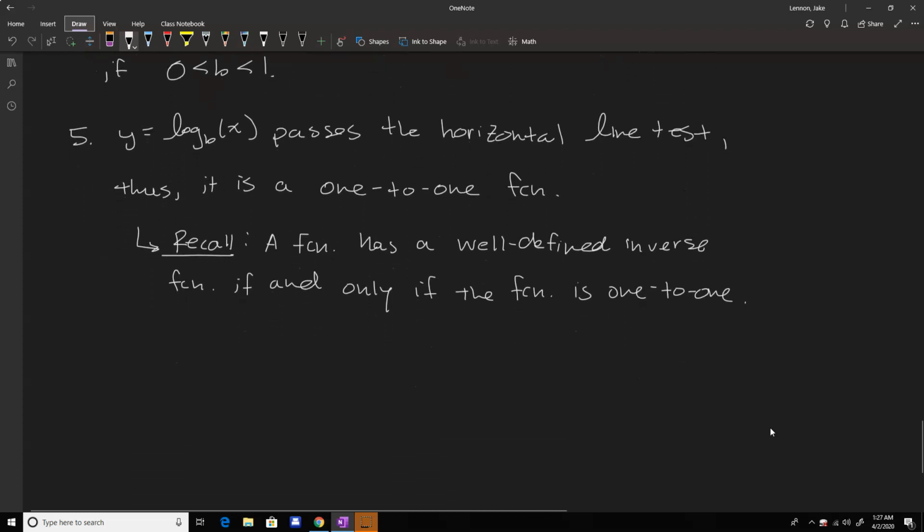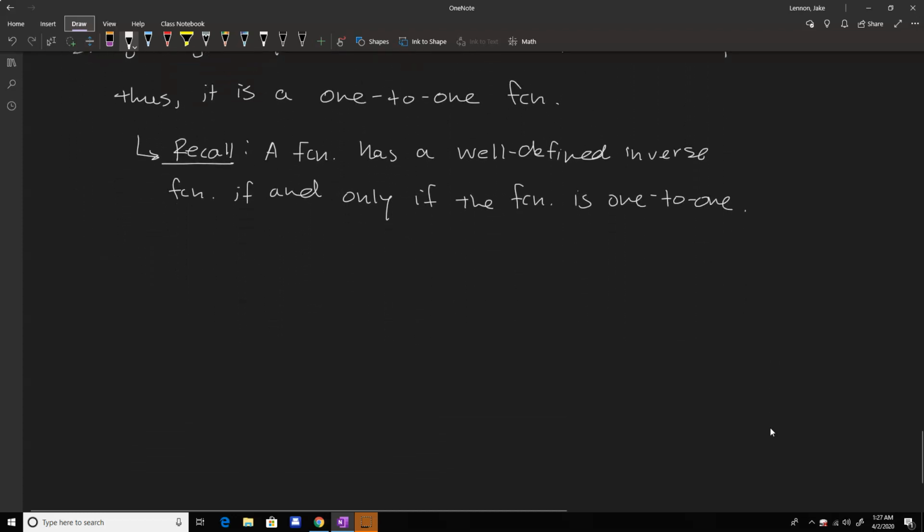So let's think about what that means for inverse functions in general.